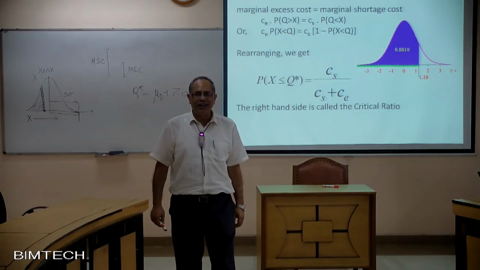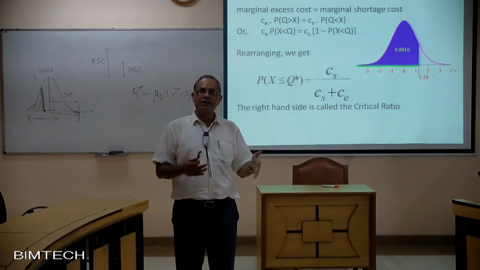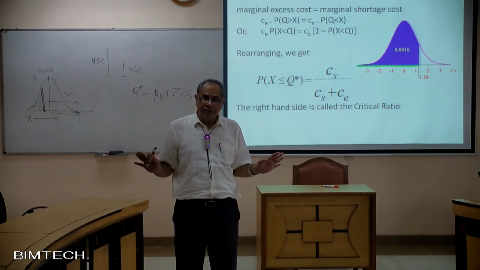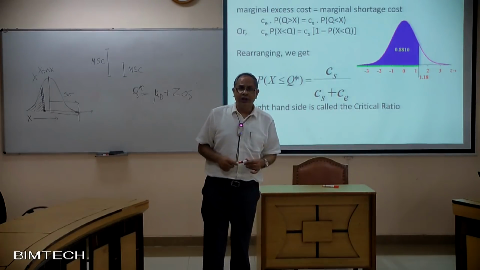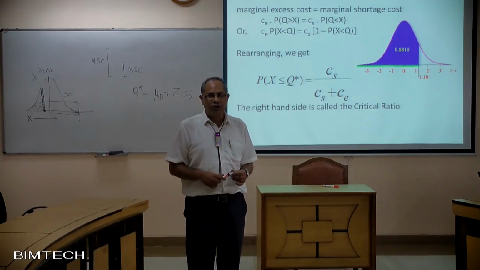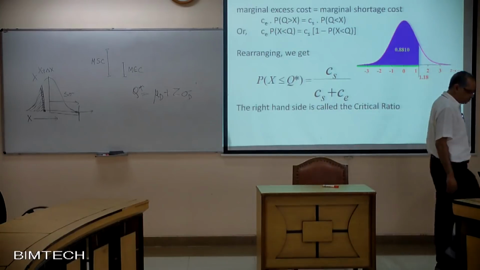So if you really see the analytical method, although we took some time to discuss and derive it, at the end of it, it is very, very simple. How simple is it? Let us use our example of NFL replica jerseys to understand how we use this method.